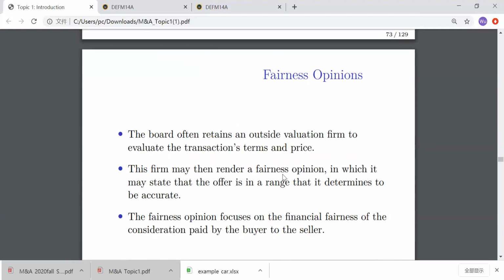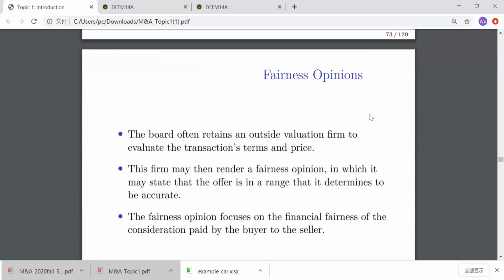Basically, the acquirer and also the target company will try to find financial advisors or third-party valuation experts to provide a fairness opinion, right? Which basically says the consideration paid by the acquirer is fair in terms of the financial aspects.